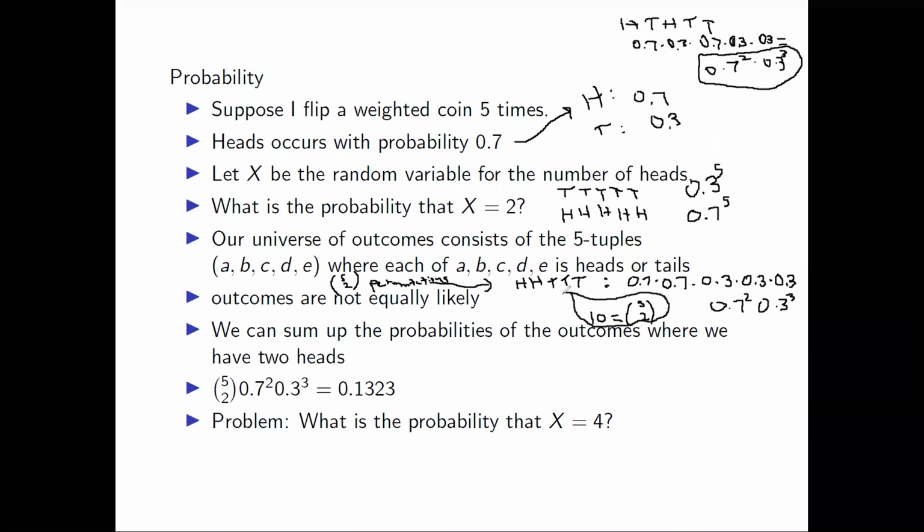So it's 5 choose 2 times that probability, but that's the same as 10 times that probability. And that gives us 0.1323. And I have a problem for you to think about. What's the probability for this same random variable x that x equals 4?